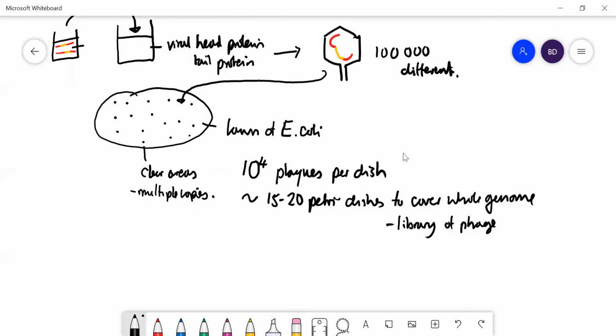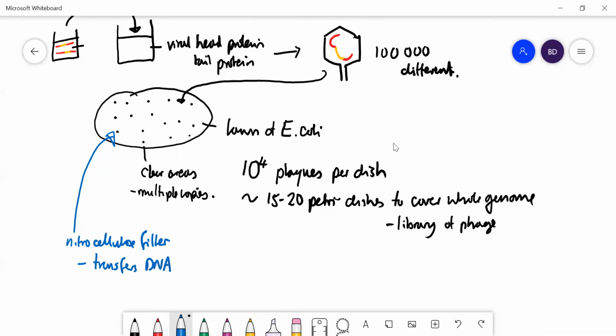But what you can do is put a piece of nitrocellulose filter on here, and you blot it on the surface, and it transfers the DNA. It'll be a bit of viral DNA with the insert onto the filter, and then you can do what you like with it.